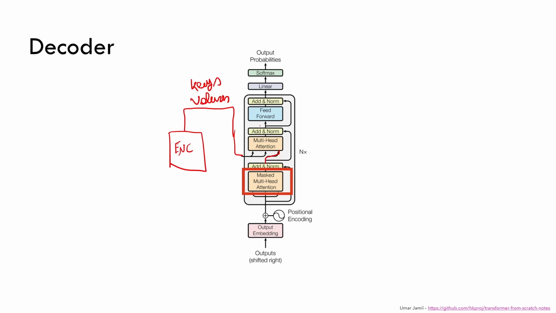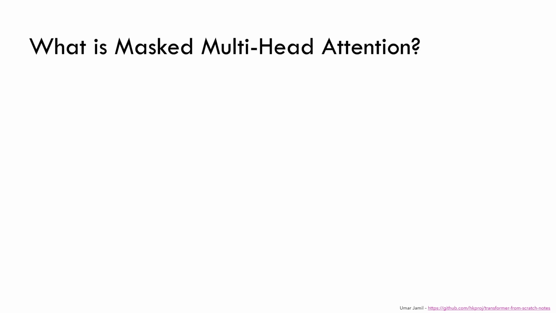Then we do the add and norm. I will not be showing the feed forward, which is just a fully connected layer. We then send the output of the feed forward to the add and norm, and finally to the linear layer, which we will see later. So let's have a look at the masked multi-head attention and how it differs from a normal multi-head attention.